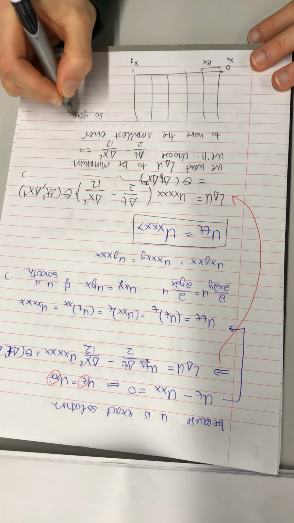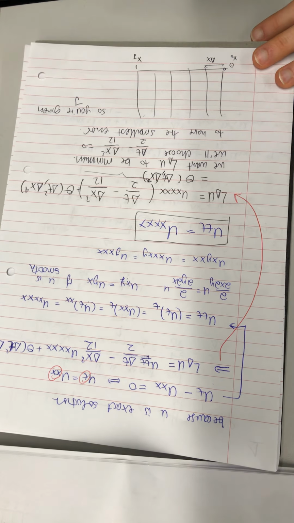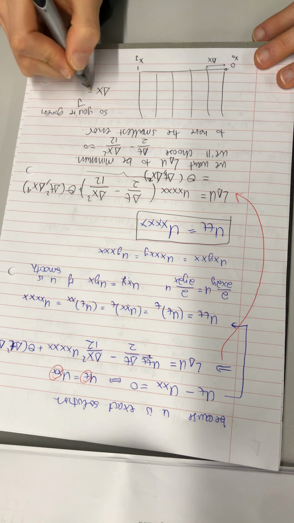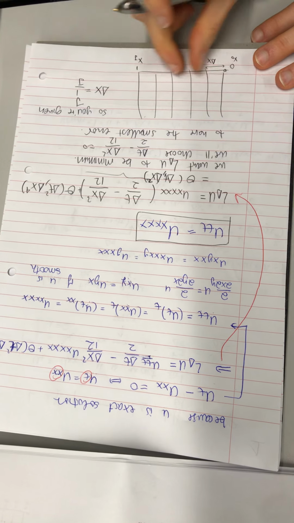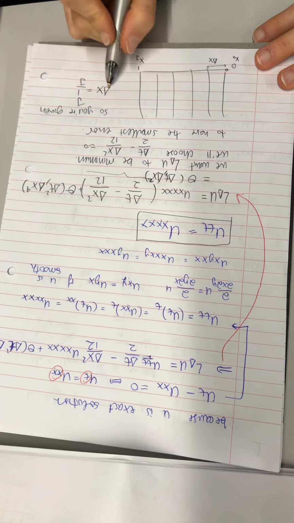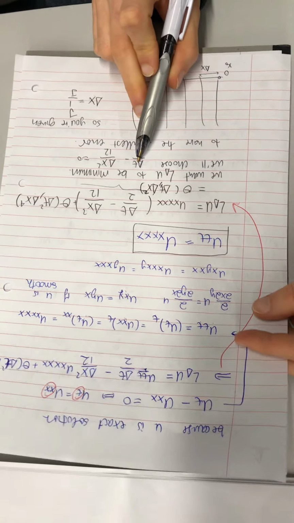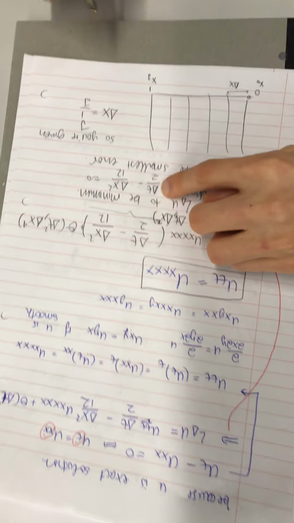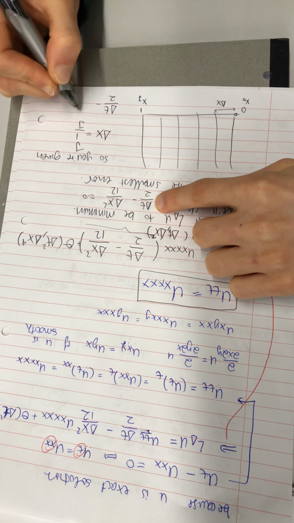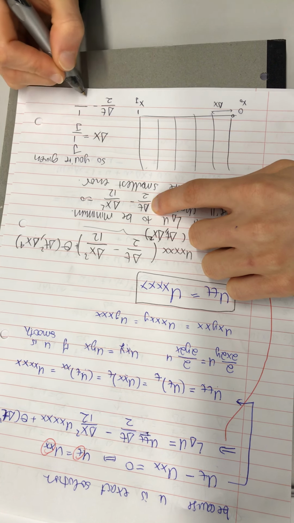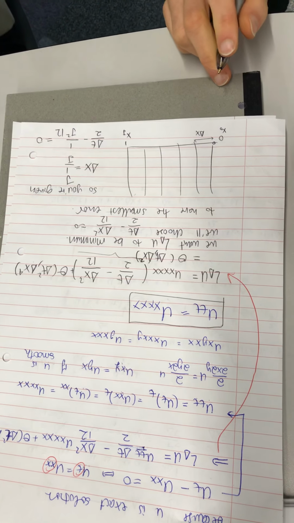So you are given j, and we said the other day that delta x is 1 over j, because it's all just divided into j parts. So if this is this, then you can choose delta t. So it's going to be delta t over 2 minus 1 over j squared over 12 equal to 0.